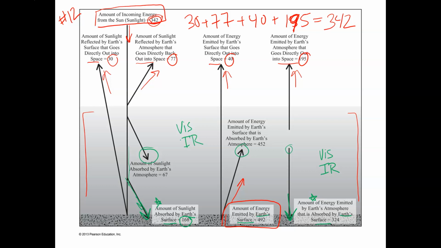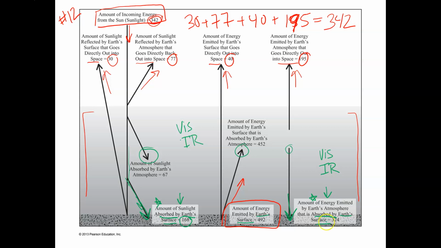Number 14, is more energy absorbed by the Earth's surface in the form of light coming from the sun or from light emitted by Earth's atmosphere, and why? So we're looking at Earth's surface again. This one was Earth's surface, and we want energy absorbed by Earth's surface. I'm just looking for those words. Now I'm going to compare the numbers.